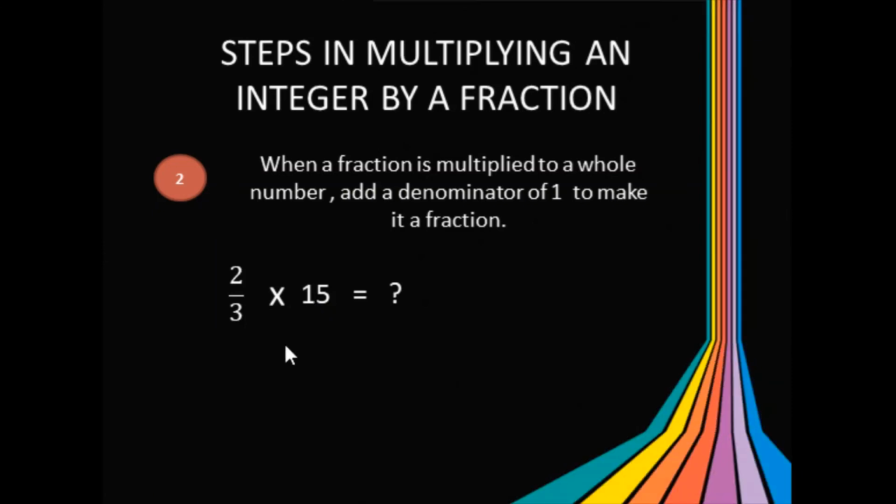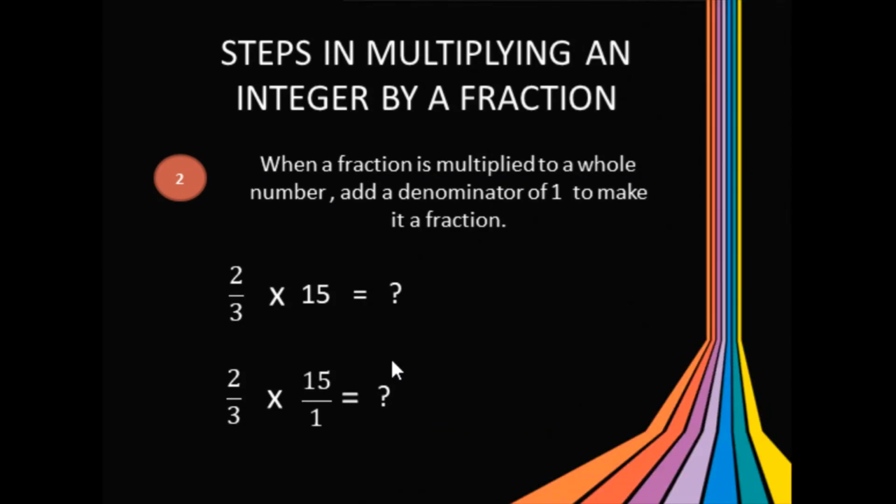So you will do 2/3 times, you put 1 as the denominator, so it becomes 15 over 1. Now, they are much more likely the same because they are both fractions already. So, we have 2/3 times 15 over 1 equals blank.